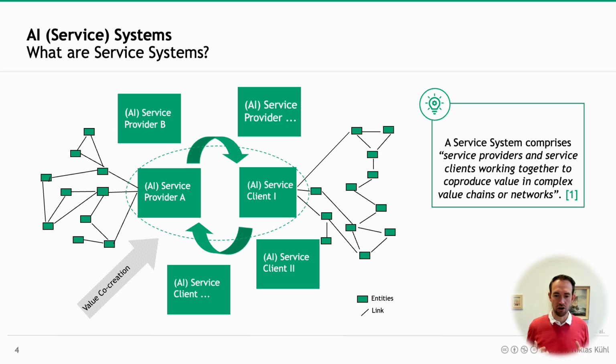So the idea of working in systems, or to be more precise, in service systems, is the fundamental understanding that value is co-created because multiple entities collaborate with each other. And that doesn't only mean the traditional view of having one service provider and one service client, but a complex network that co-produces value.